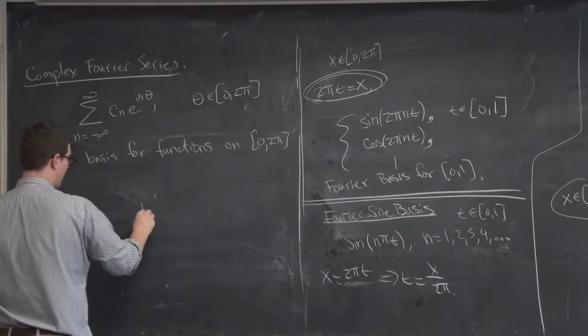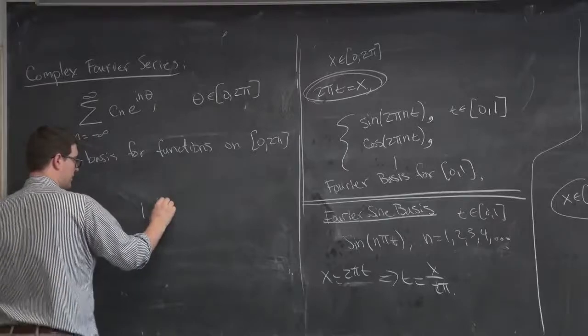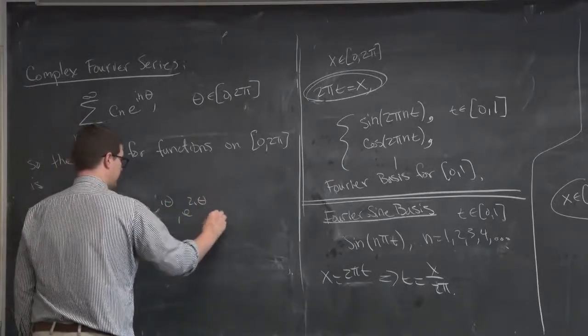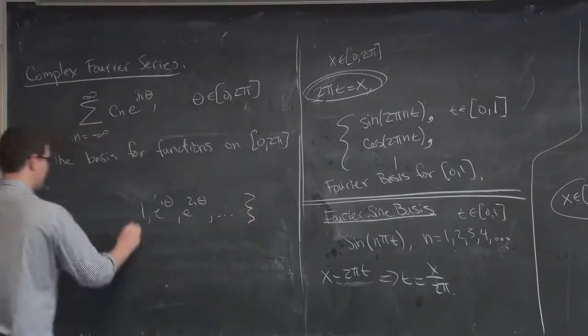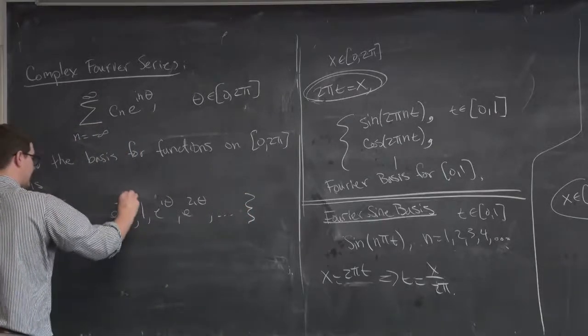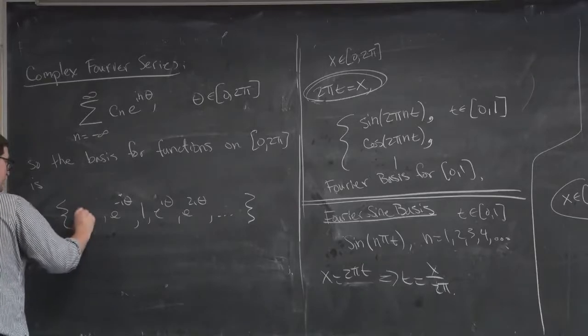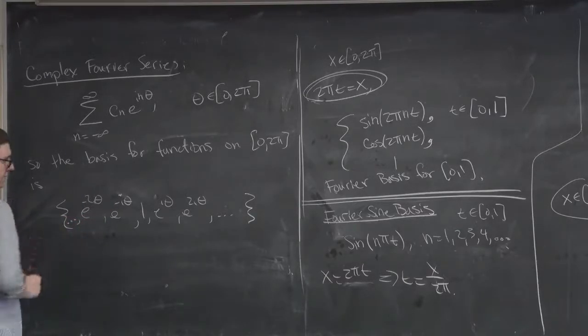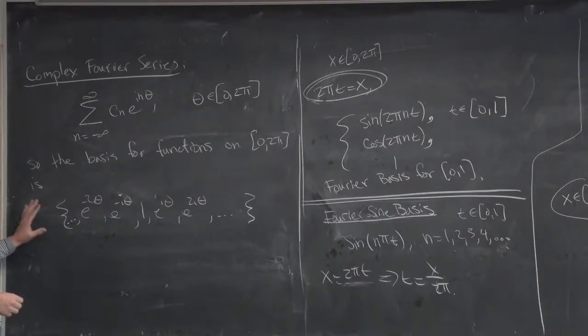So you have 1, e^{i theta}, e^{2i theta}, and then you keep going like this. And then you go e^{-i theta}, and e^{-2i theta}, and so on. Right? So this is kind of the basis. This is one of the really nice bases to choose from.